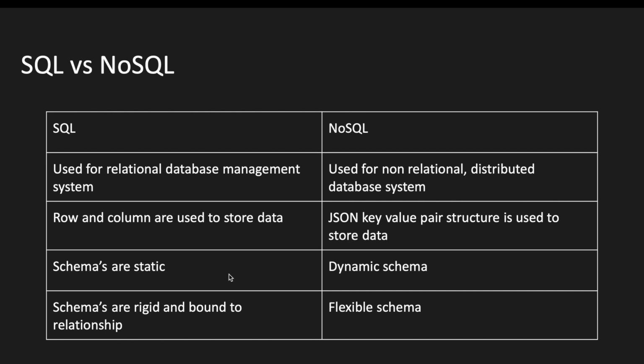In case of SQL, schemas are static, and in case of NoSQL, schemas are dynamic. Schemas are static means we need to insert only that data that we have defined in the schema. Suppose we have a schema for employee number and employee name, then we can insert these two data only in this table. While in case of NoSQL, schemas are dynamic, meaning we can add a third parameter, for example, mobile number, at runtime also.